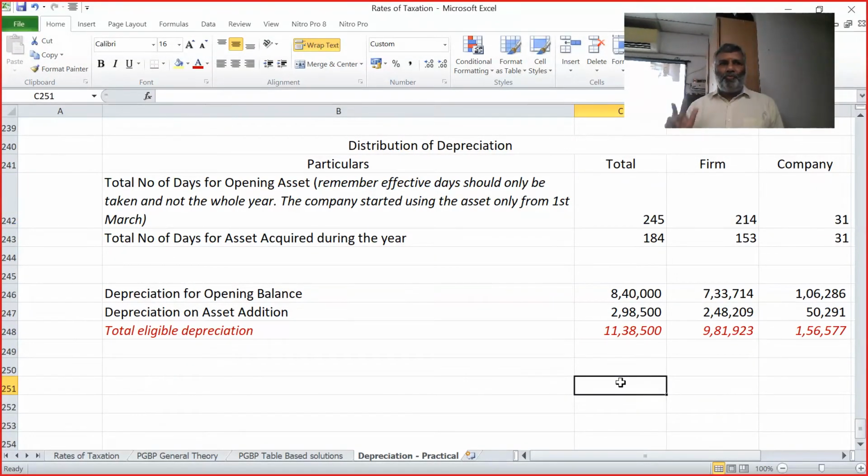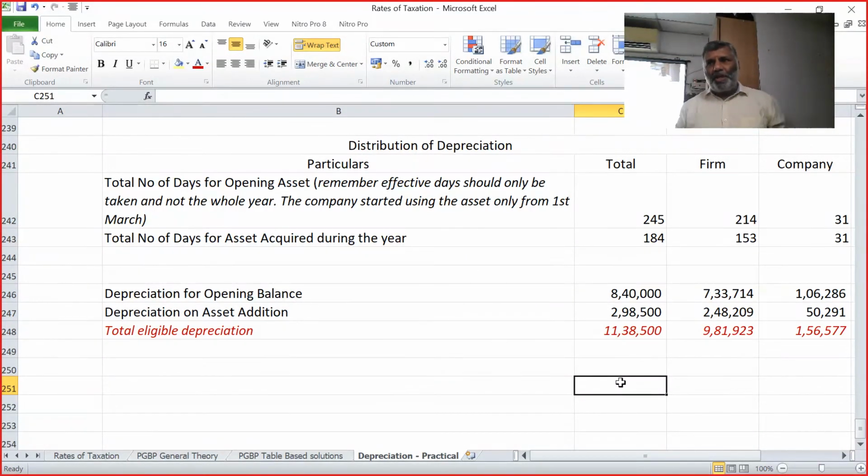So there are four limbs of depreciation which are important to understand. Normal depreciation, which we know how to compute, less than 180, more than 180. Additional depreciation, there we have to remember only for new, and if you are able to claim only 10% in year 1, then in the immediate next year, year 2, you can claim 10%.